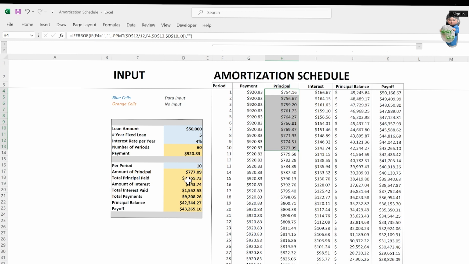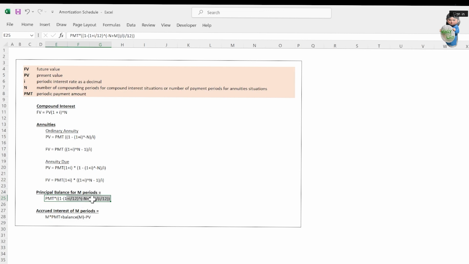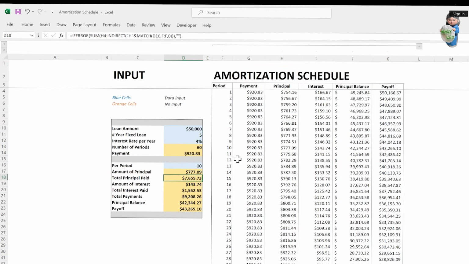The way I calculated, instead of typing in this formula here for principal balance for how many periods, I just use a formula to take the sum of all these monthly payments. The formula here has the INDIRECT function because it has to indirect the cell here, first of all, to match this number of payments, which is D16, and then add it as a text into this INDIRECT function.